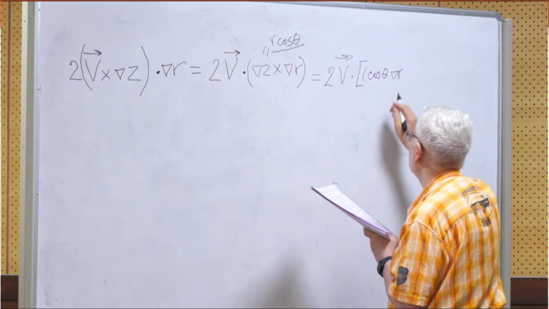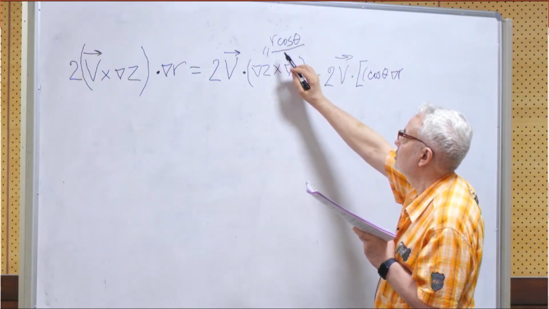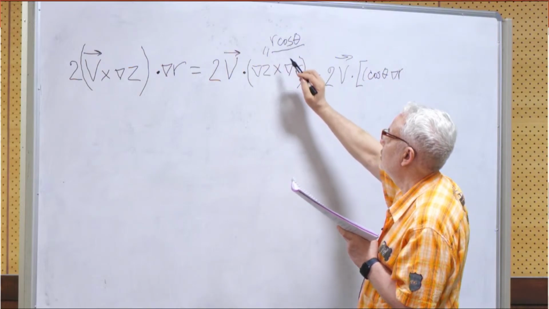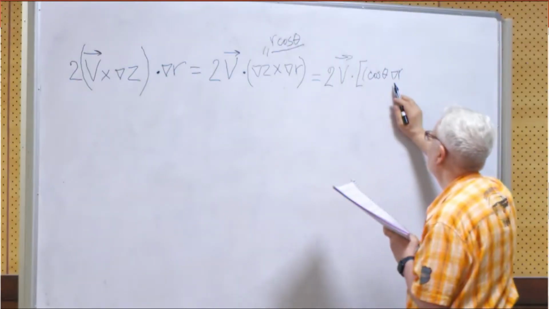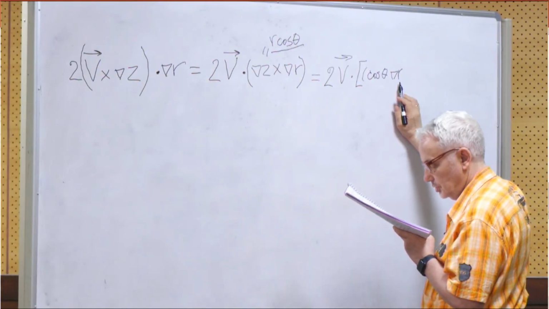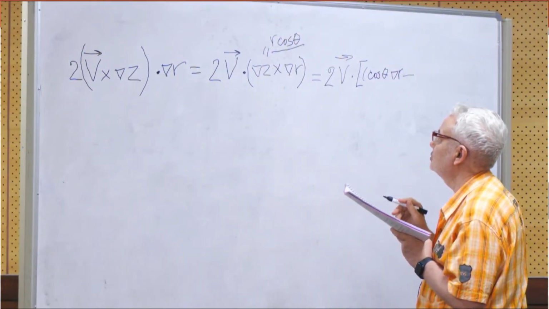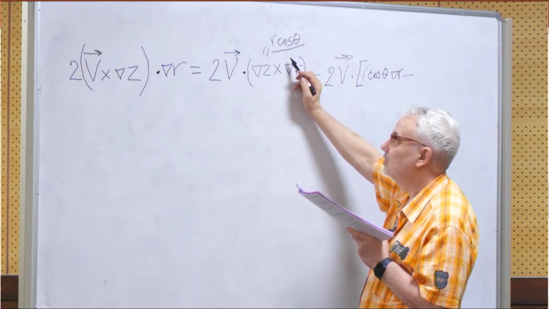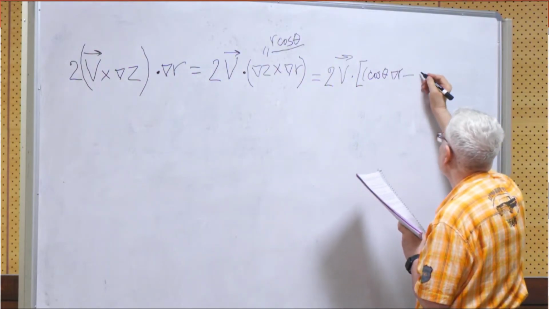Then here with positive sign we take the gradient of cosine theta, multiplied by the unit vector in the radial direction. Then we take the gradient of the cosine theta, which is again the theta, so it will be minus sine theta.